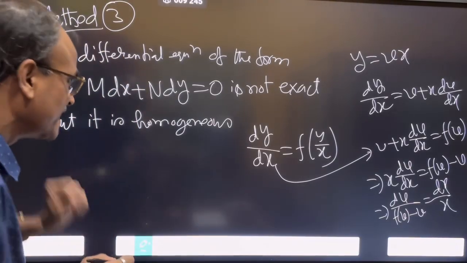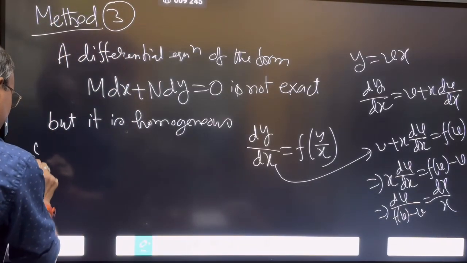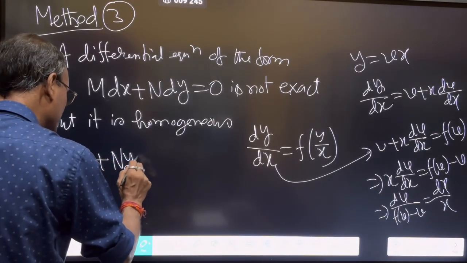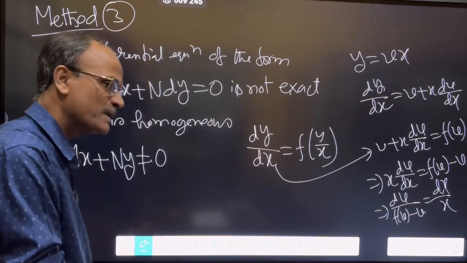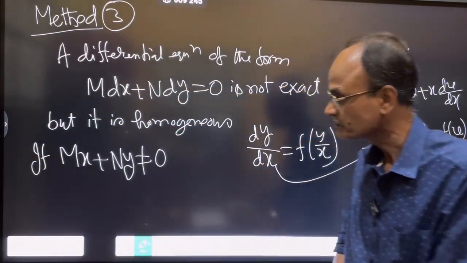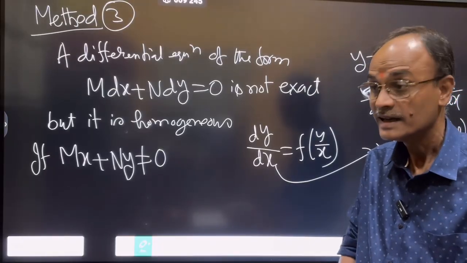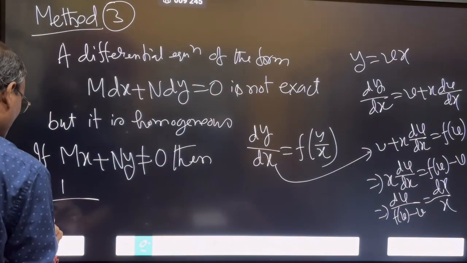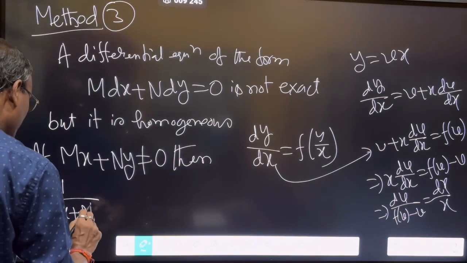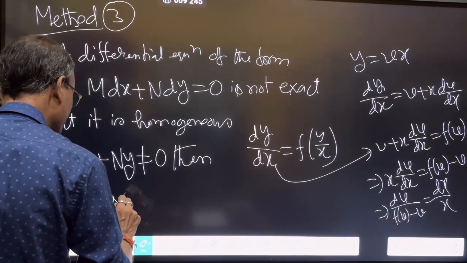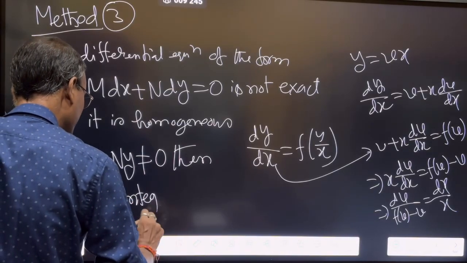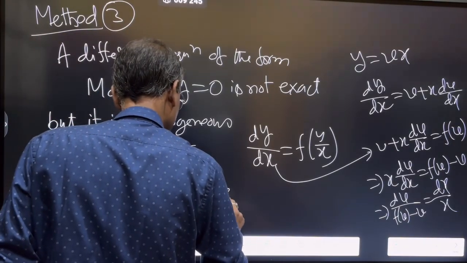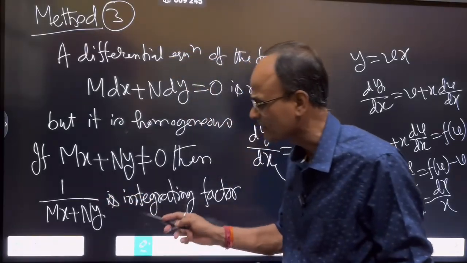If it is homogeneous, then we check if Mx plus Ny is not equal to 0. Then 1 by (Mx plus Ny) is an integrating factor.